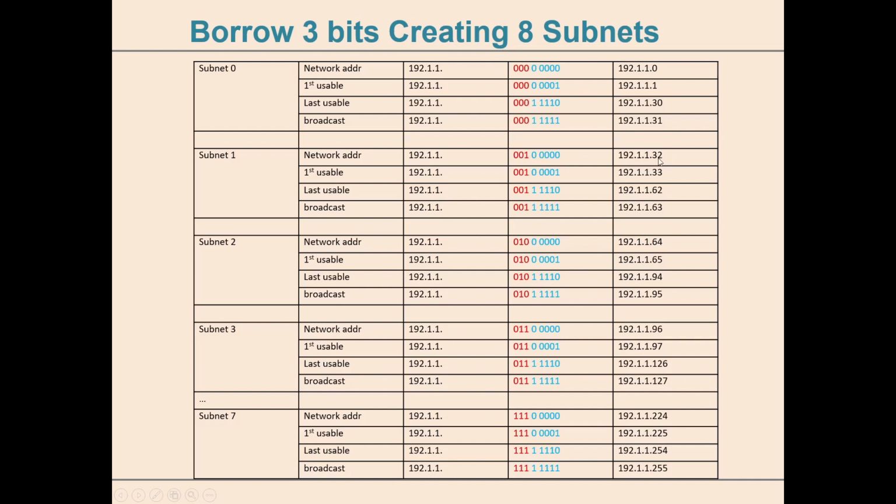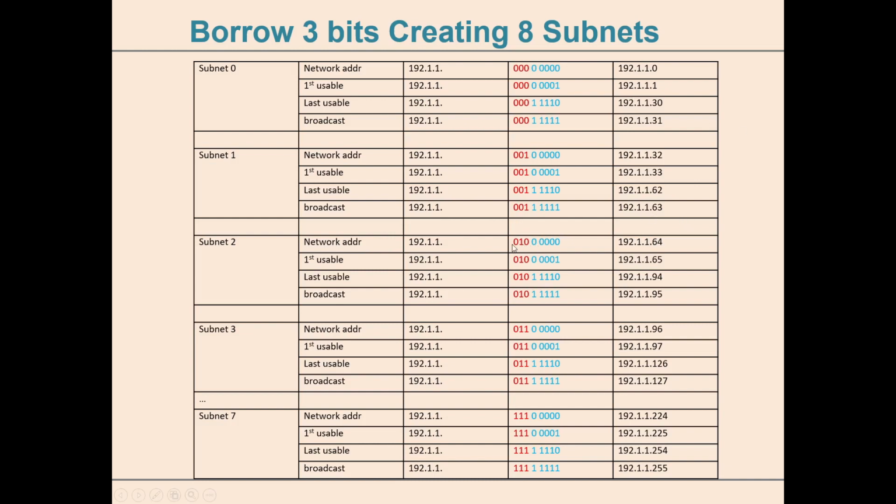So 1.32 is the network address for subnet 1. When the 5 host bits go up to the highest value, binary all ones, that gives us the broadcast. Convert this highest binary value to decimal, that is 1.63.